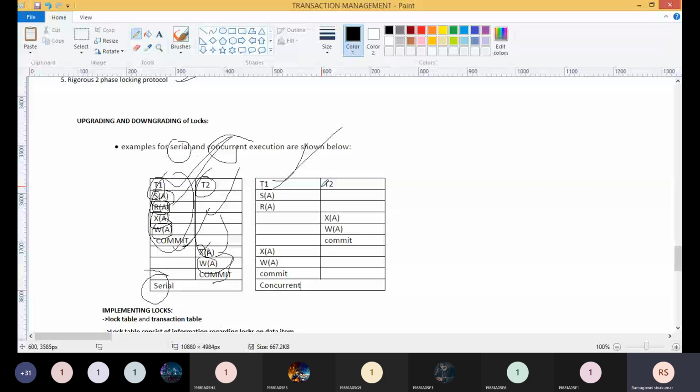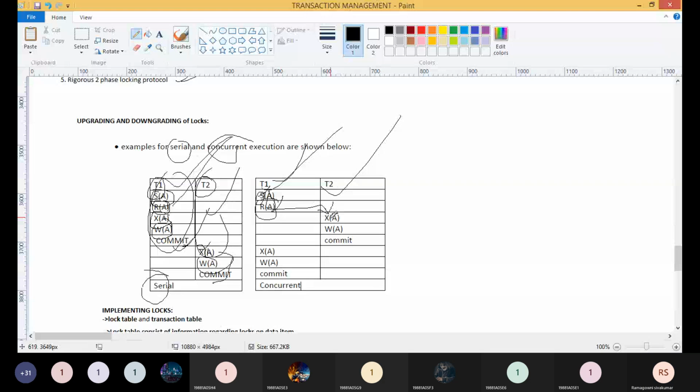Coming to concurrent execution, see here we have transactions T1 and T2. S of A means a shared lock on a data item, and we are performing a read operation on the data item. Then in the T2 transaction, we are taking an exclusive lock on a data item.